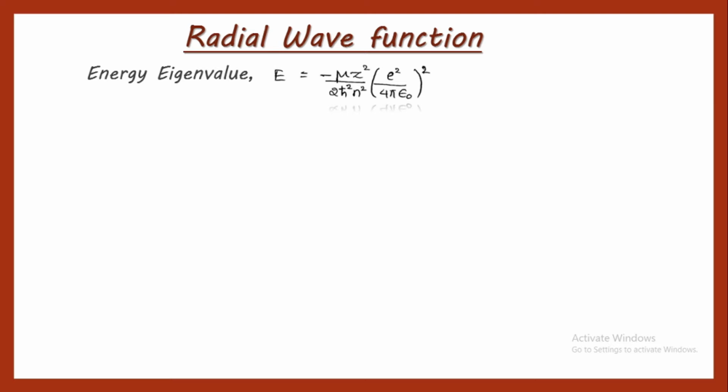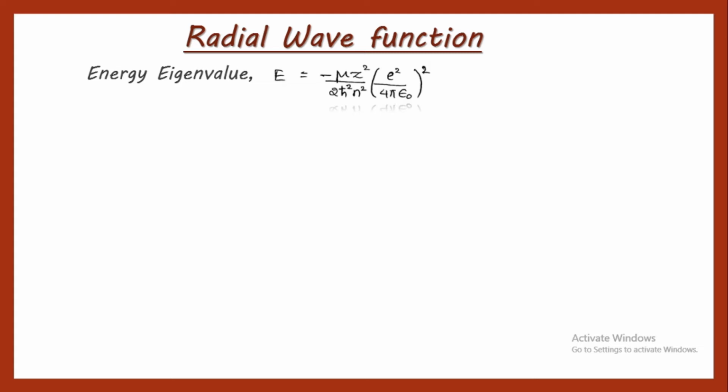If you substitute all the values, taking Z equals 1 for the hydrogen atom, and mu, the reduced mass, equal to the mass of the electron m, and substitute the values of h cross, epsilon naught and e, you find that E equals minus 13.6 divided by n squared. Here we observe that the energy eigenvalue is inversely proportional to n squared, where n is the principal quantum number, which we have already seen.